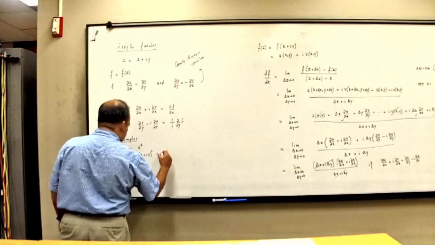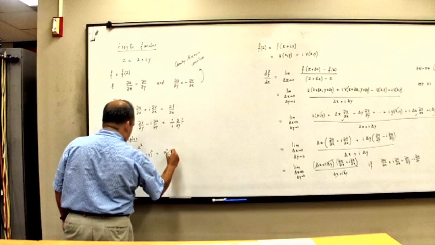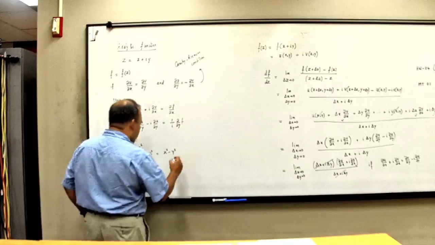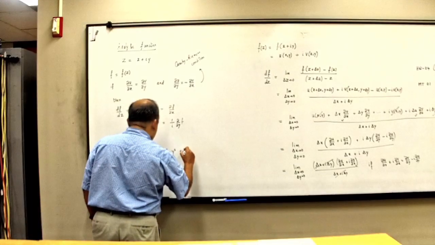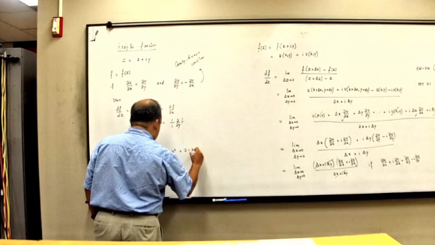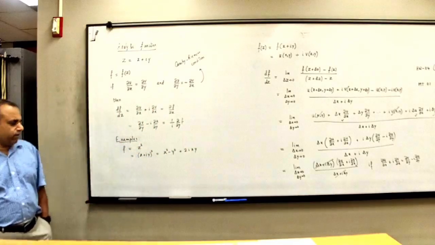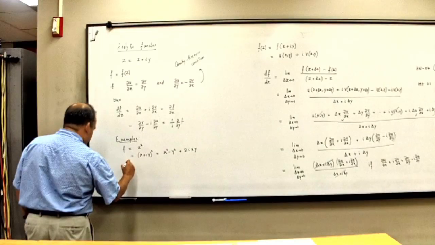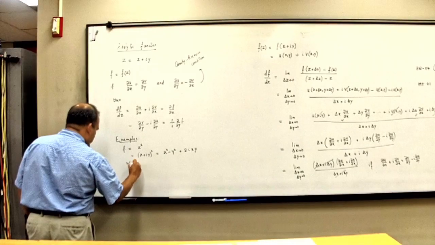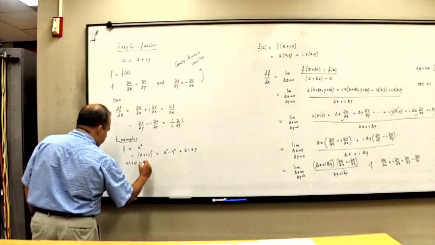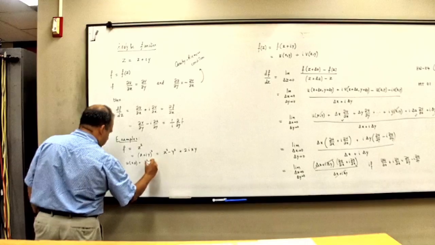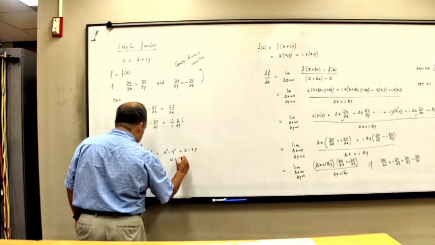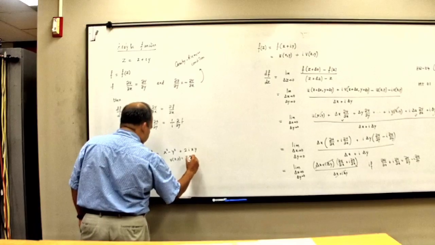When I square it, it's x squared minus y squared, and then 2 times i xy. What is my u in this case? u of xy would be equal to x squared minus y squared, and v of xy is equal to 2 times x times y.